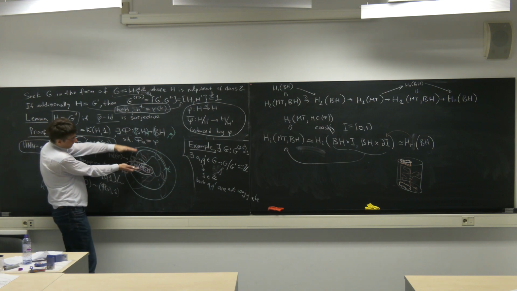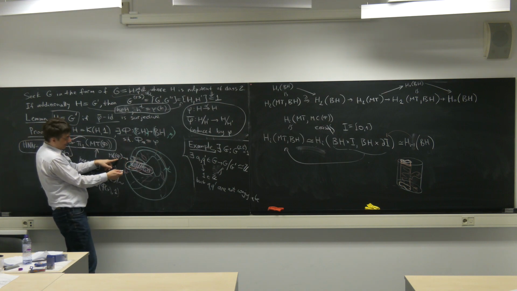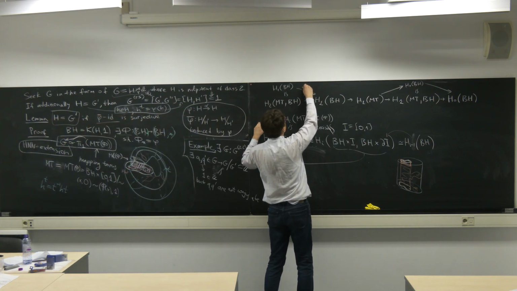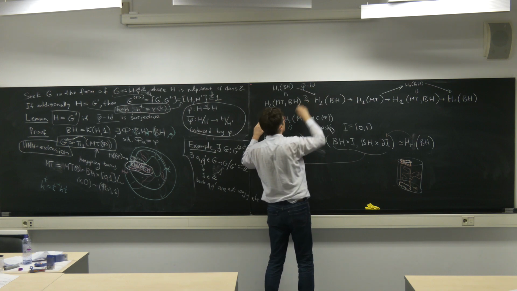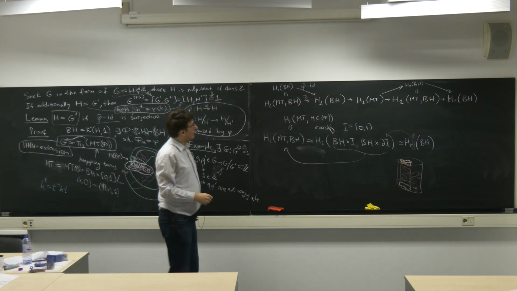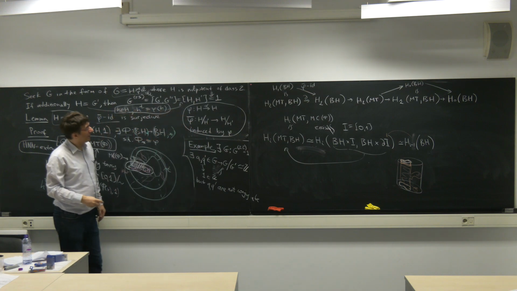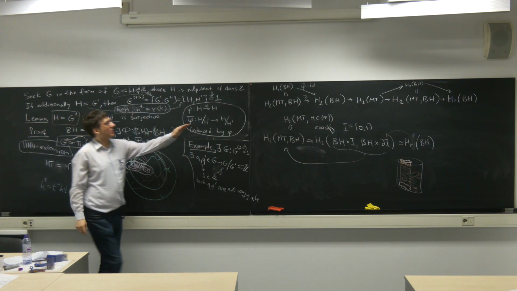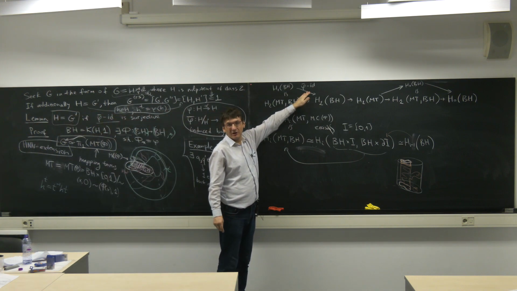But they are identified along this phi. So I claim that here you get phi bar minus the identity. Is this claim okay with everyone?